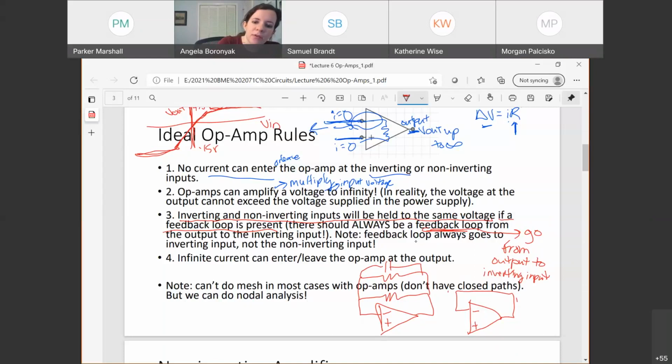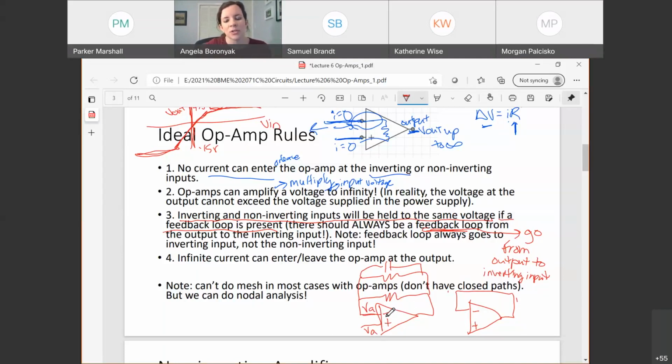So that means if I have a voltage, let's call it voltage A, on my inverting input wire, then if I have a wire coming from my non-inverting input, this will also equal VA. It seems like, oh, one should be negative and one should be positive from the labels. They don't actually mean that. They mean in practicality what happens at an output when you attach things, as we'll see.